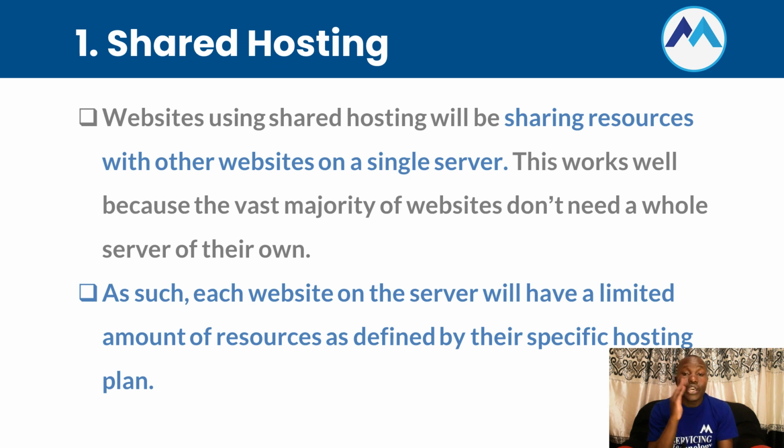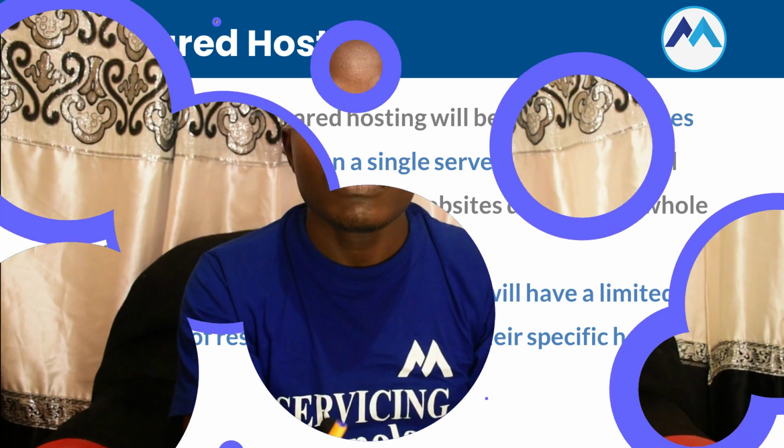As such, each website on the server will have a limited amount of resources as defined by their specific hosting plan. Good people, think of it as renting an apartment with roommates. You have your own bedroom, but you and your roommates will share resources like water, electricity, and common spaces throughout the house.